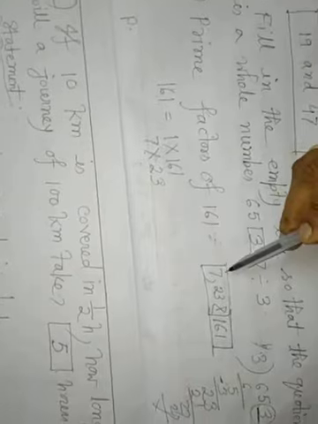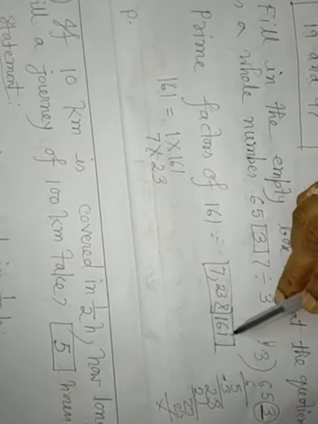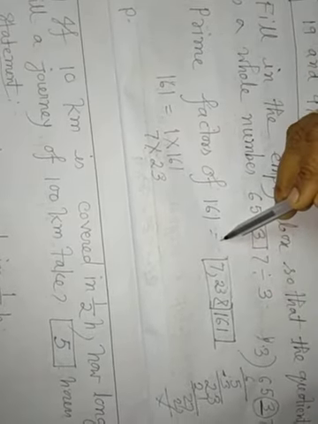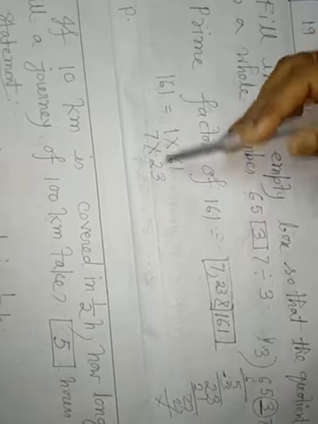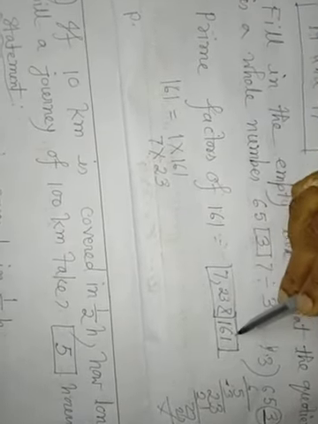So the prime factors of 161 are 7, 23 and 161. Okay. Prime factors of 161 are 7, 23, 161.